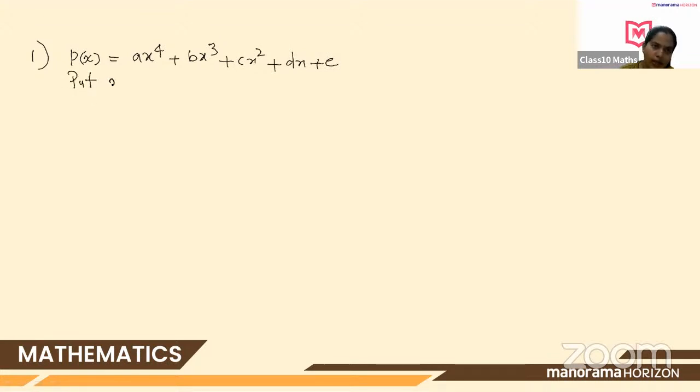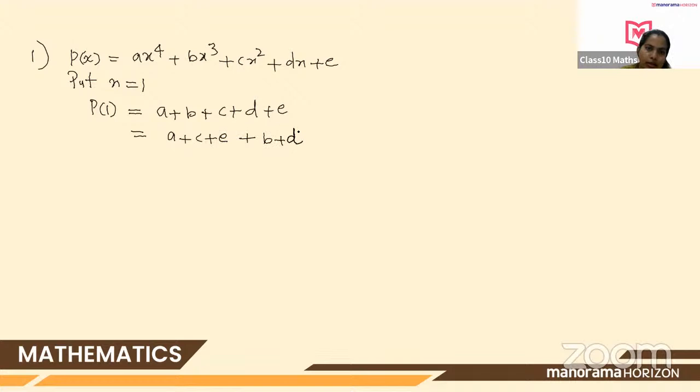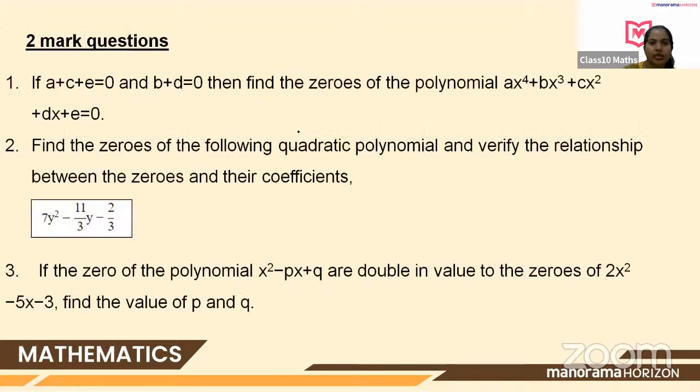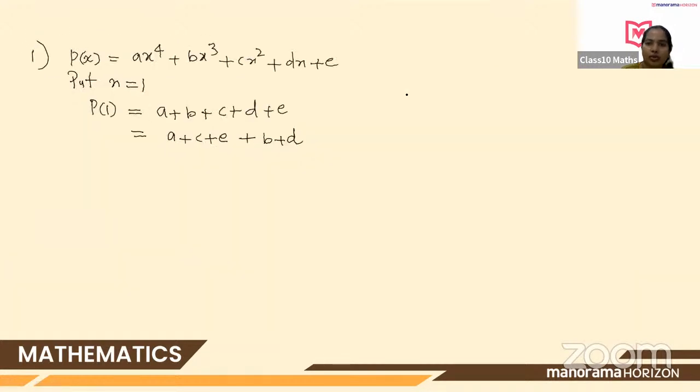First we have to put x is equal to 1. That is p of 1. What is the value of p of 1 here? That is a plus b plus c plus d plus e. Okay. And rearrange the values. That is a plus c plus e plus b plus d. So look at the question. In the question it is given that a plus c plus e is equal to 0 and b plus d is equal to 0.